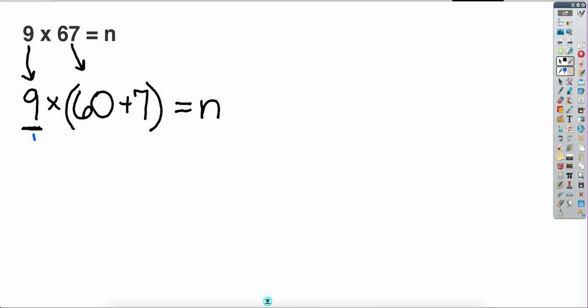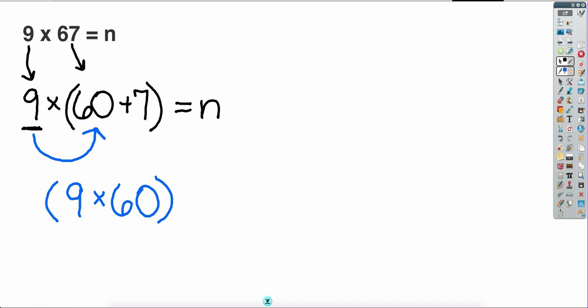So watch how I do that. I'm going to do 9 times 60. So I'm going to write that in parentheses. 9 times 60, close parentheses, plus, because I am adding these two partial products together, now I'm going to distribute the 9 to the 7 by doing, in parentheses, 9 times 7.